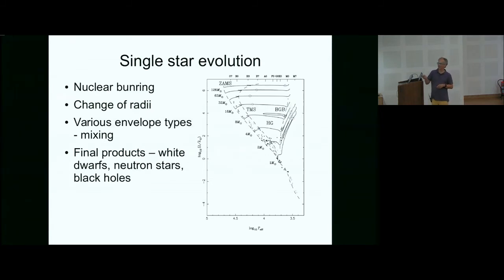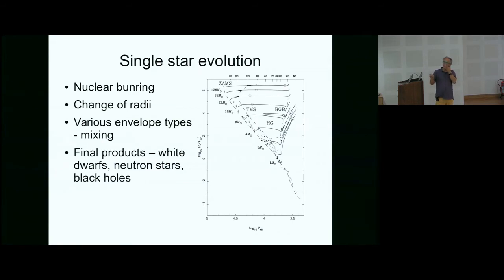And the lines that you see here show the evolutionary tracks of stars in these coordinates. So this line corresponds to very young stars early on the zero-age main sequence, where they start their evolution.